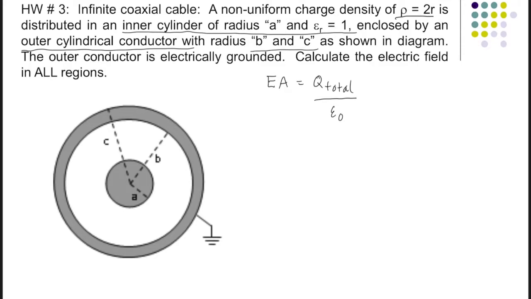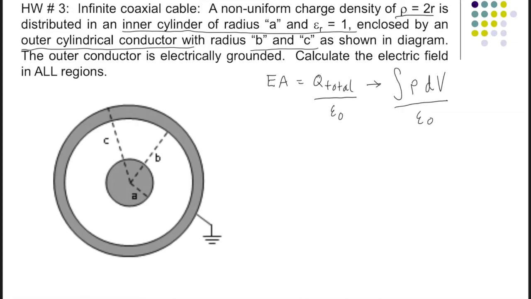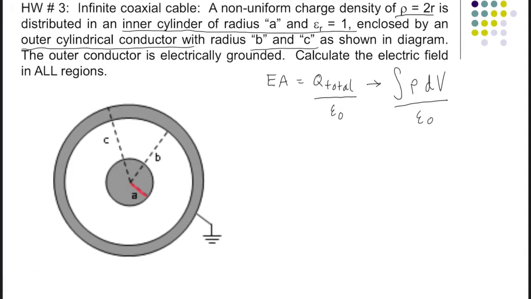Our Q total is going to equal the integration of our charge density multiplied by the derivative of the volume of the object that we're observing, over epsilon naught. So if we want to find the amount of enclosed charges in r less than a, then we would denote it as such.